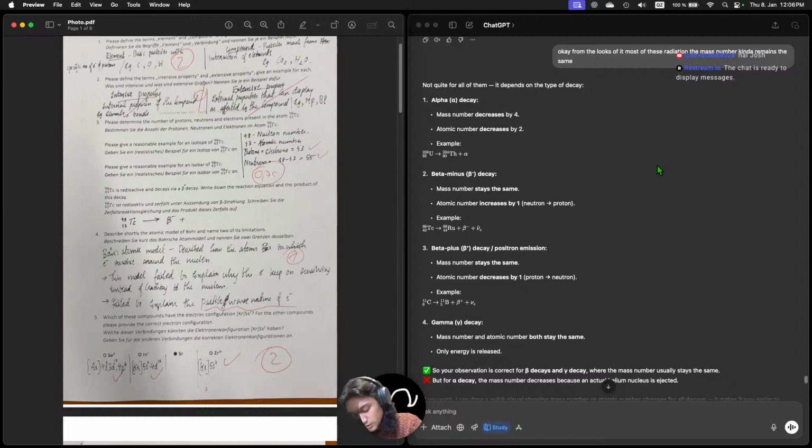Mass number is neutrons plus protons. The atomic number, these are protons.